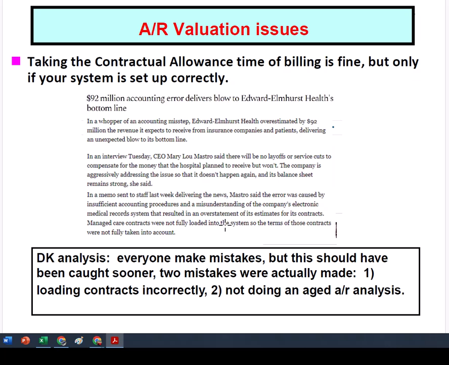But they made two mistakes. They loaded the contracts incorrectly, which was, we just implemented one of these last year for our surgery centers. Prior to that, we had old school, and this is what kept me up at night, loading the contracts incorrectly. And they didn't do an aged AR analysis, which we're going to talk about in a minute. So there were two mistakes they made.